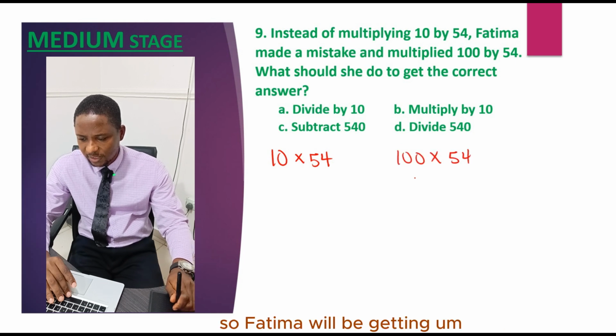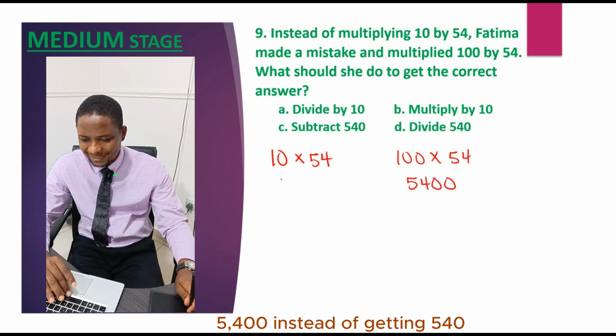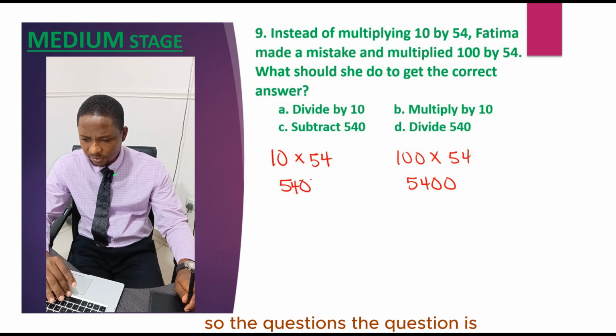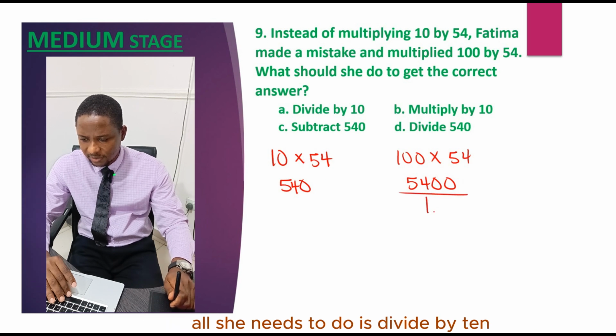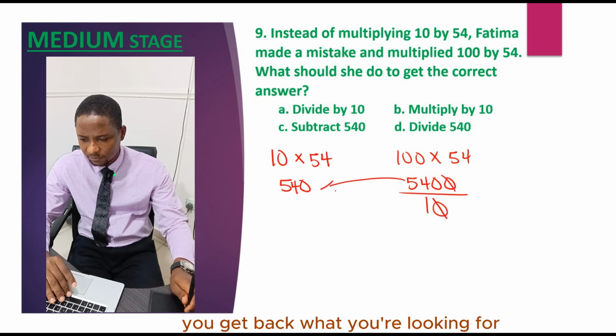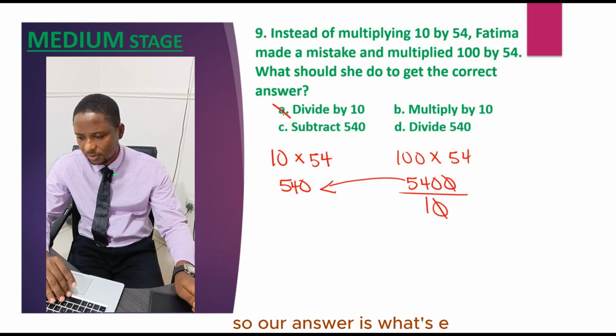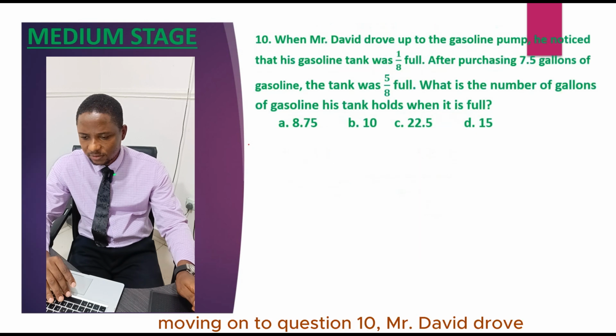So Fatima will be getting 5,400 instead of getting 540. So the question is, what should she do to get the correct answer? All she needs to do is to divide by 10. Once you divide by 10, you get back what you're looking for. So our answer is what? A. Moving on to question 10.